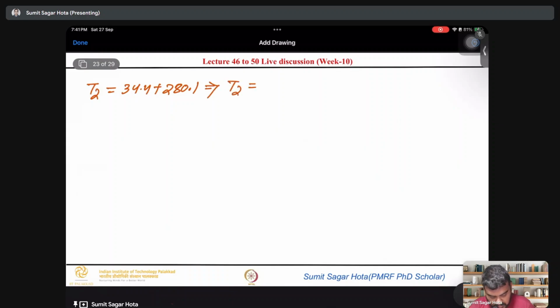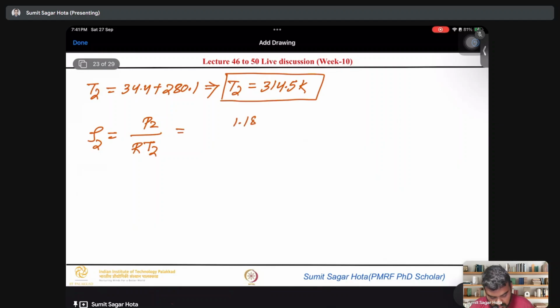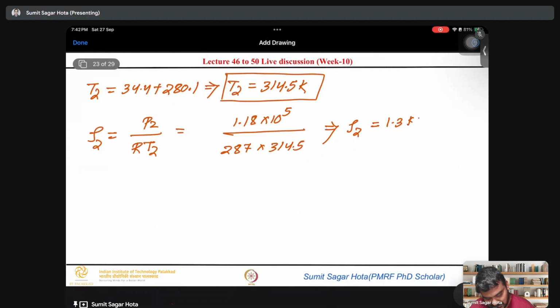So T2 is equal to 314.5 Kelvin. So what is rho 2? Rho 2 is equal to P2 divided by RT2, which is 1.18 into 10 to the power 5 divided by 287 into 314.5. Rho 2 is equal to 1.3 kg per meter cube.